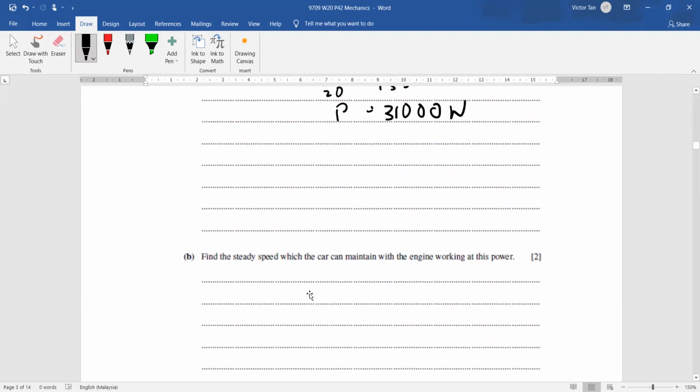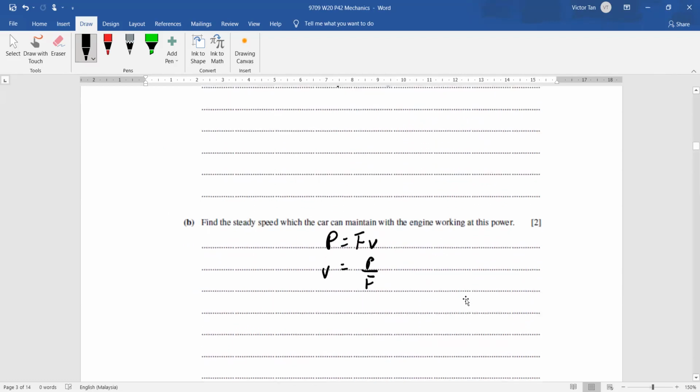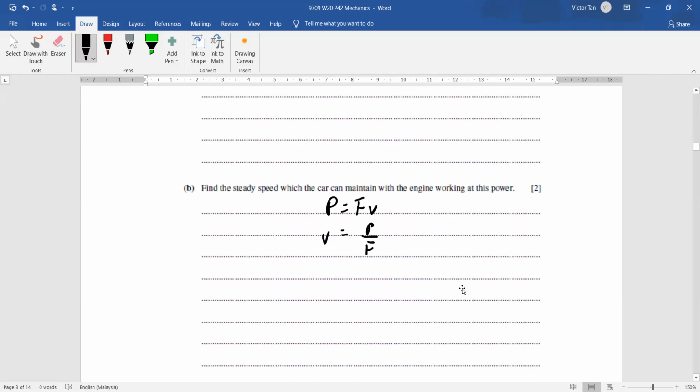Find the steady speed which the car can maintain with the engine working at this power. So again, power is force times velocity. V is power over driving force. If it's a steady speed, the driving force will be equal to the resistance.